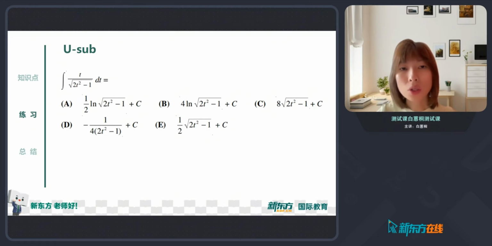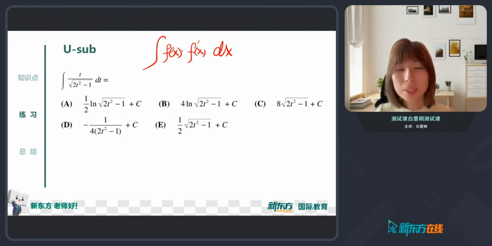When you want to use the substitution method, there must be a special pattern in front of you, like integration, like dx or dt, whatever. And then in the middle, you have to find an original function, and a derivative of that, multiplying or dividing it. So they must have a relationship like this.